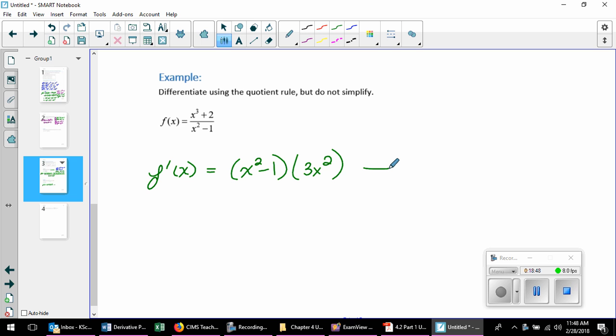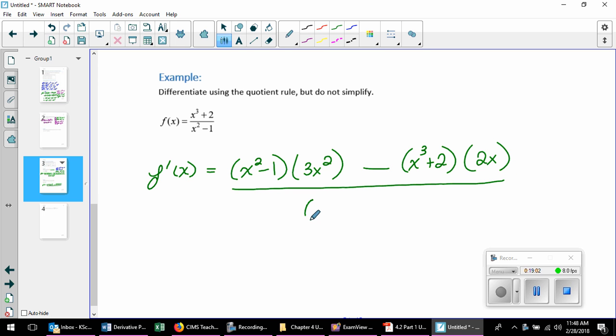So if I started with the original denominator, that means I have to start with the original numerator times the derivative of the denominator, all over the denominator squared. Looks good.